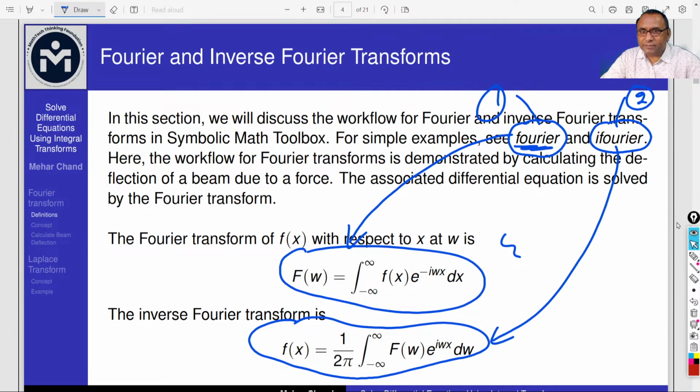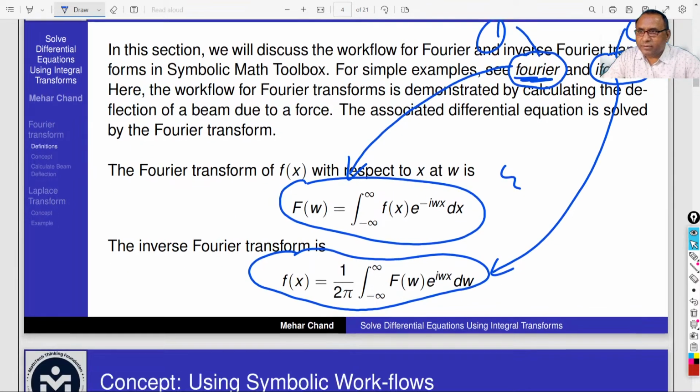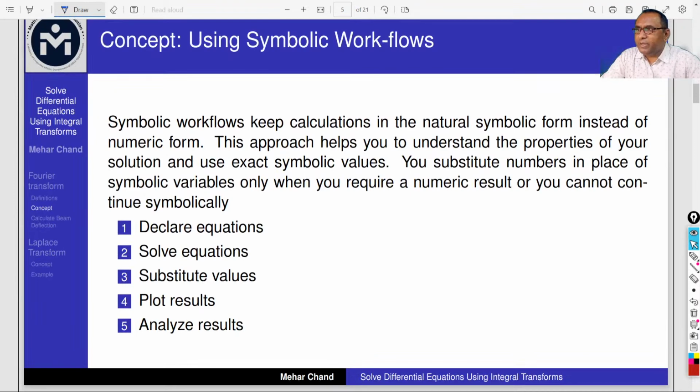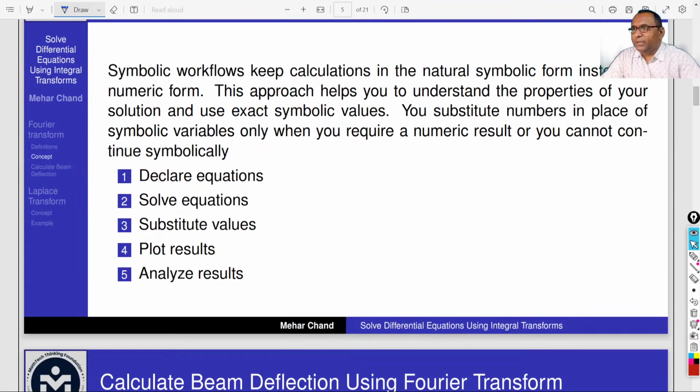Here is on the next page. This is the concept about the Fourier transform. The symbolic workflow keeps calculations in the natural symbolic form instead of the numerical form.